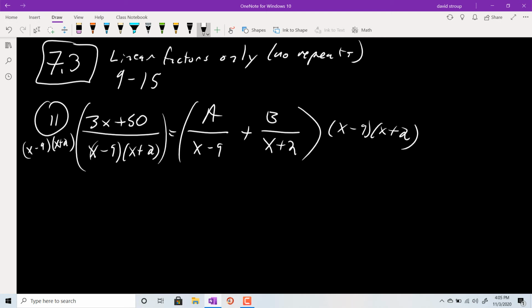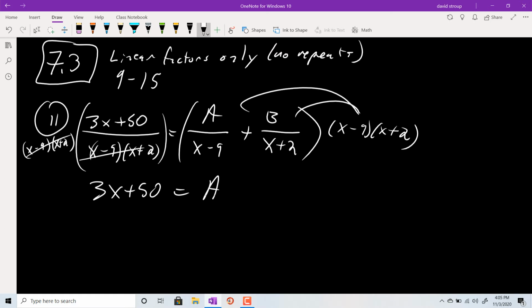If you do something on one side, you have to do the same on the other. Those guys are gone. 3x plus 50 equals distribute. So we'll have the x minus 9s cancel in the first distribution, and I'll be left with x plus 2. The x plus 2 cancel, I'll be left with x minus 9. And so we have this situation.